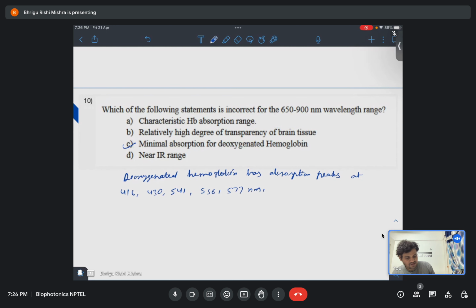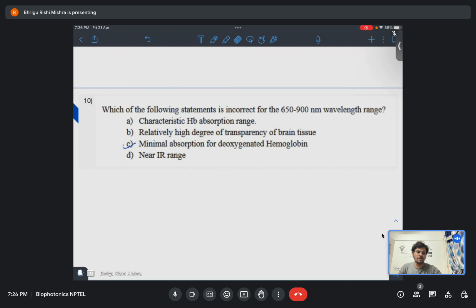Or I would just say that it has high absorption in this 650 to 900 nanometer wavelength range.